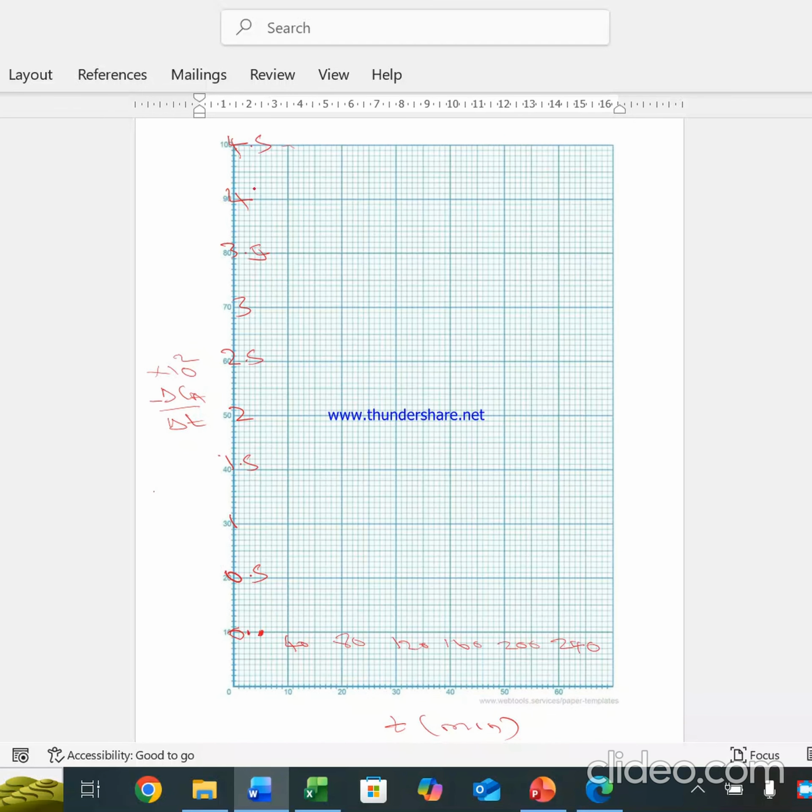So this is 4.1, 4.2, 4.3. Sorry, it's not very straight. So this is 4.3.